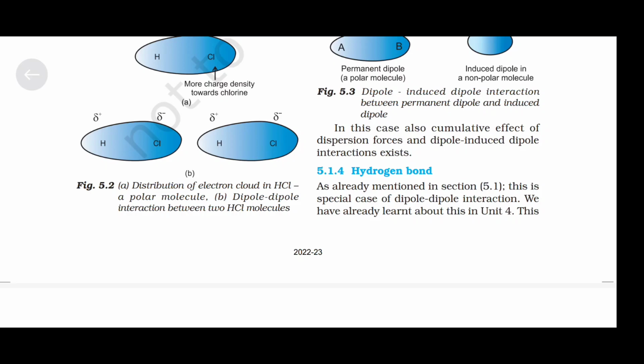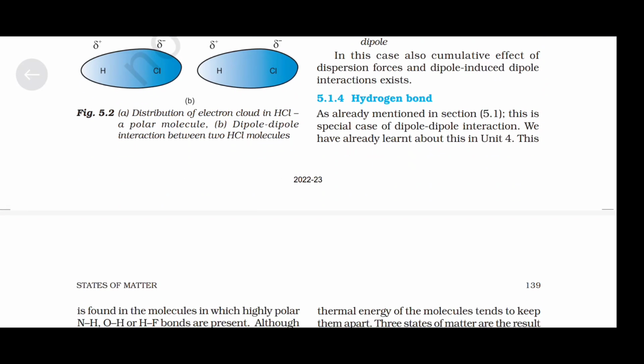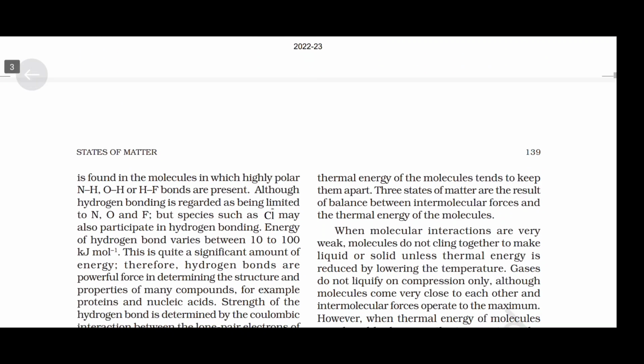Hydrogen bond. As already mentioned in section 5.1, this is a special case of dipole-dipole interaction. We have already learnt about this in Unit 4. This is found in the molecules in which highly polar N-H, O-H, or H-F bonds are present.